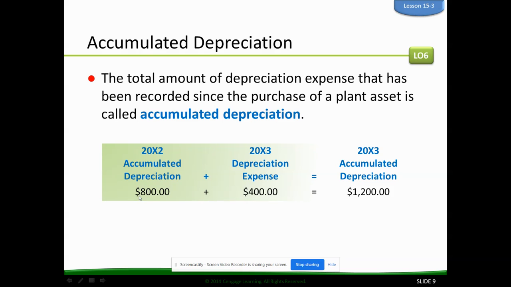By the end of the second year, we had accumulated $800. Remember, it was $400 a year. In the third year, we incurred another $400 of depreciation. So now the total depreciation on that asset after 3 years is $1,200.